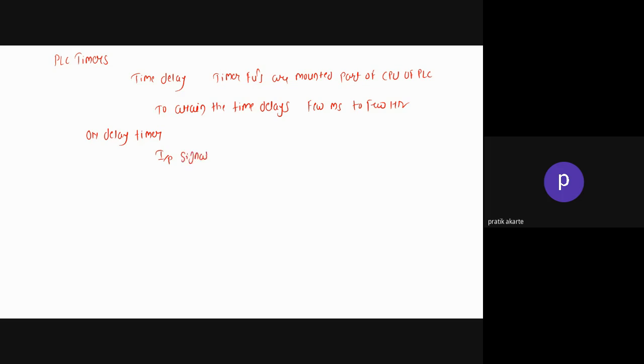Input signal is on, and because of that the output signal becomes on with a certain delay. That is what we call an on delay timer.